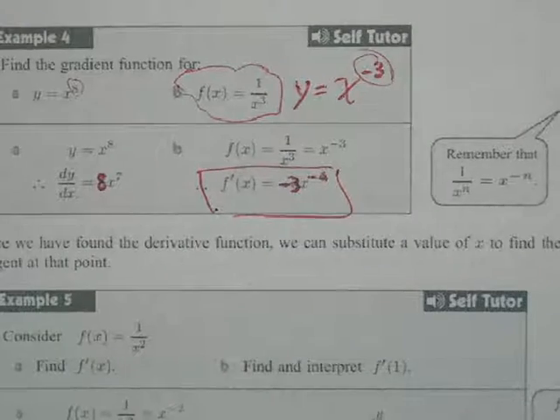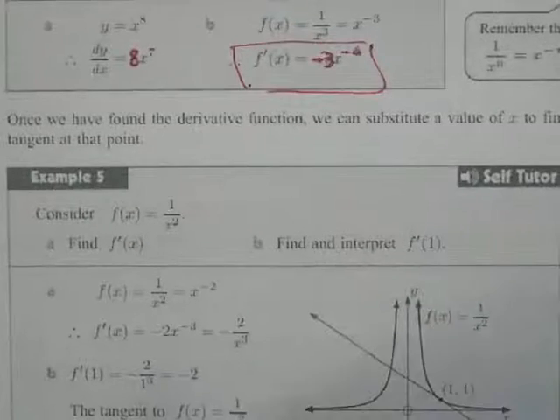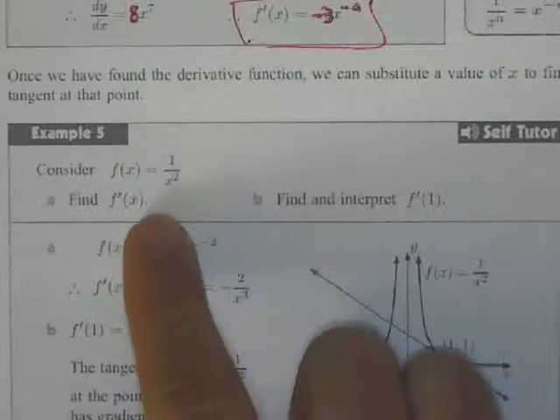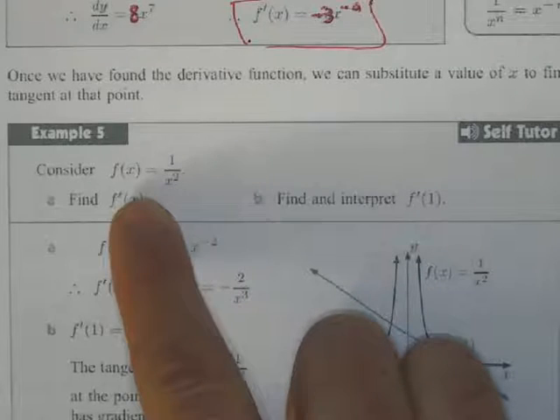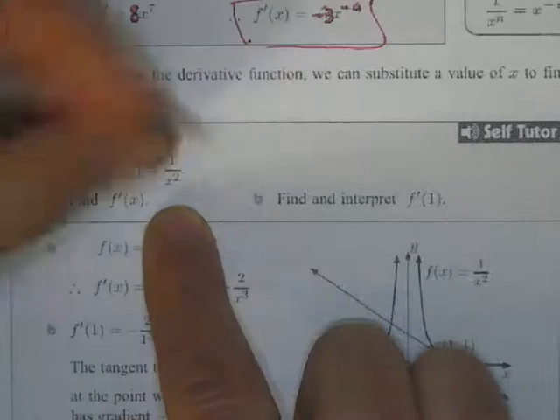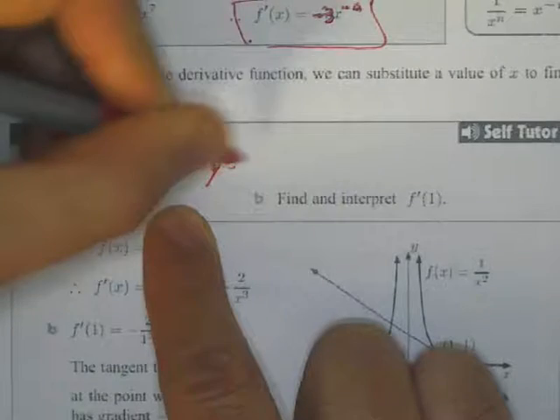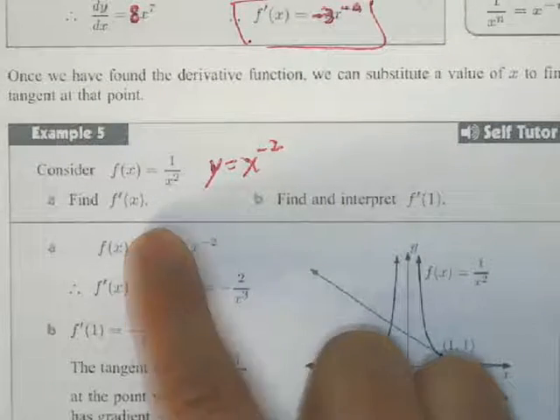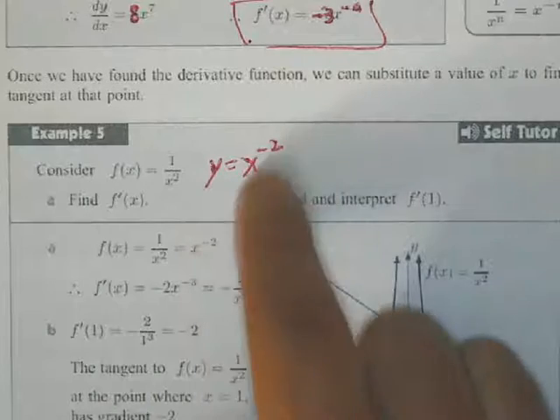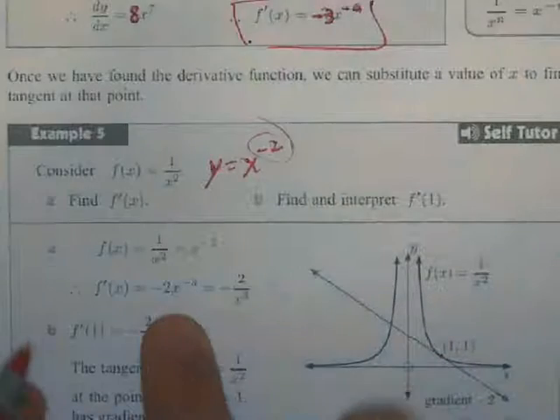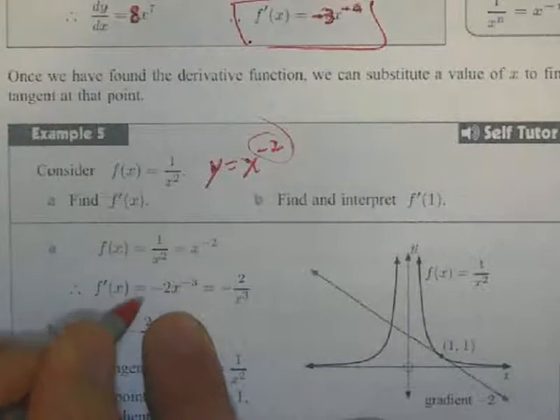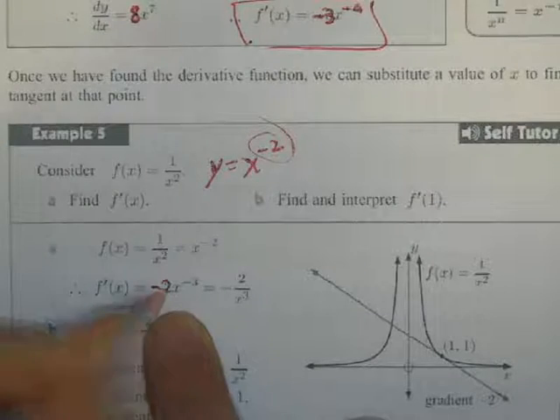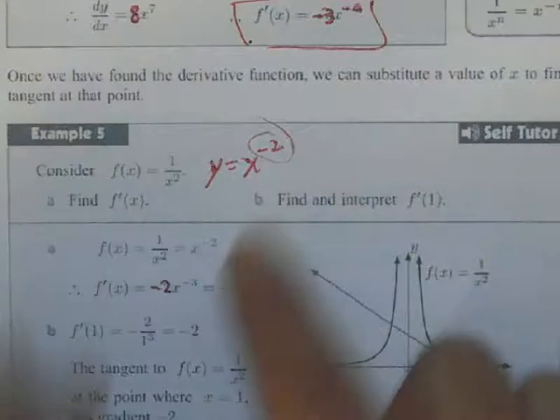Now let's look at example 5. Okay, so if I've got y equals 1 over x squared, I could say y equals x to the negative 2. Find the derivative. The power comes to the front, so I end up with the negative 2 right here, and then this decreases by 1, so we've got negative 3.